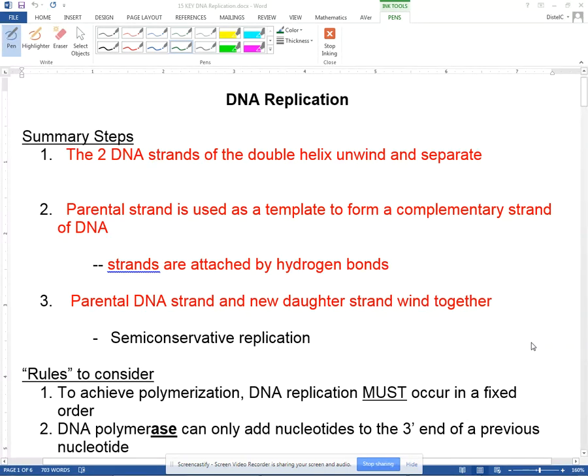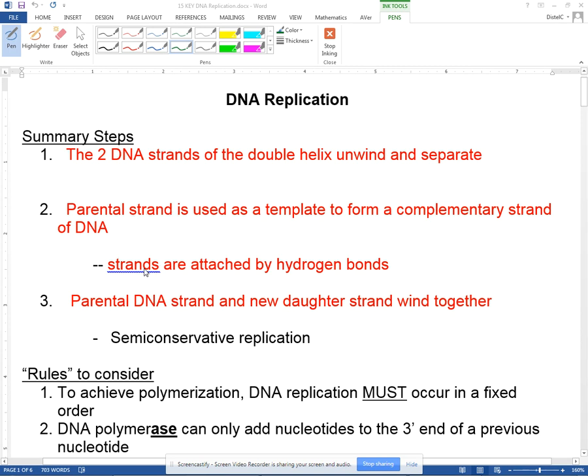Okay, so the summary steps that you've just written down basically summarize what we're going to be getting into in detail. It says the two DNA strands of the double helix unwind and separate. We say that the parental strand, the original strand, is used as a template to form a complementary strand. There's two parental strands.